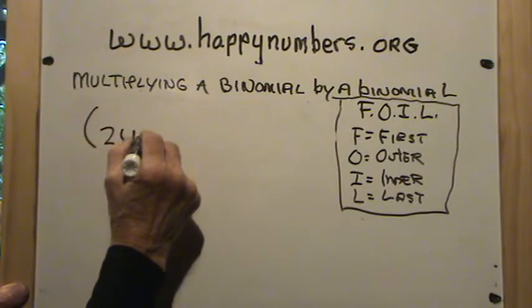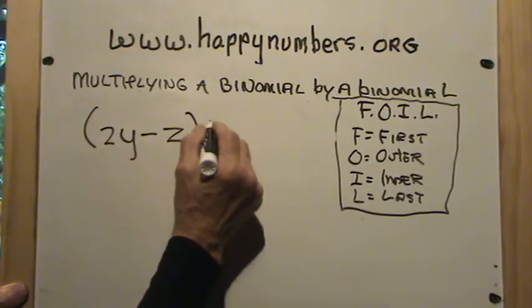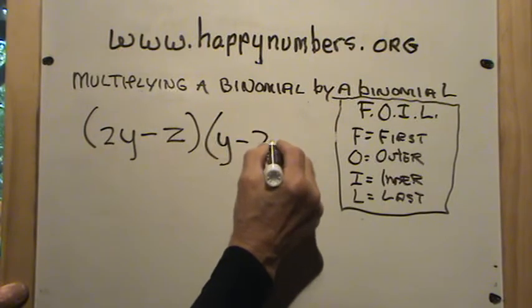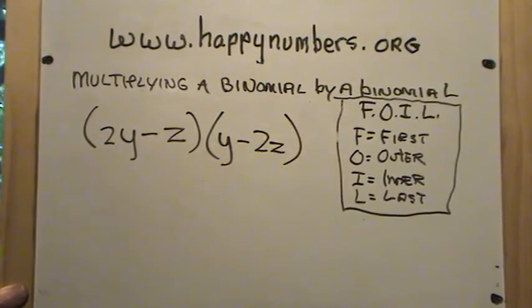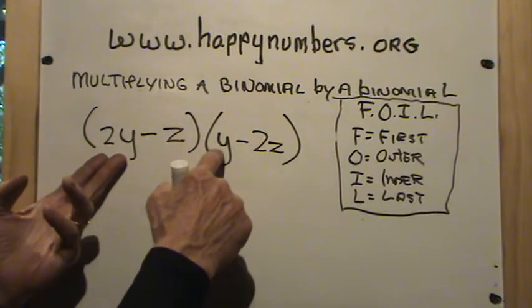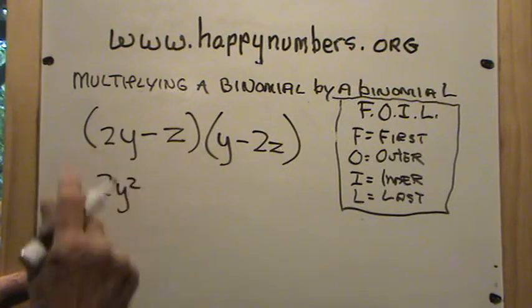2y minus 1z, remember that's a 1, and y, which is a 1y minus 2z. Okay, so put it on pause, work that out, and then we will take a look at it. Okay, so our first terms are 2y and 1y, so that would be 2y squared.